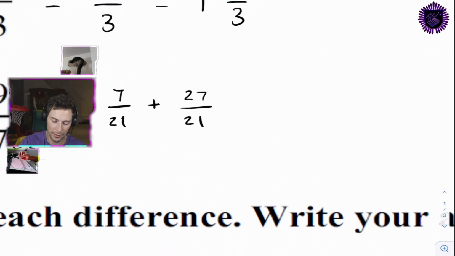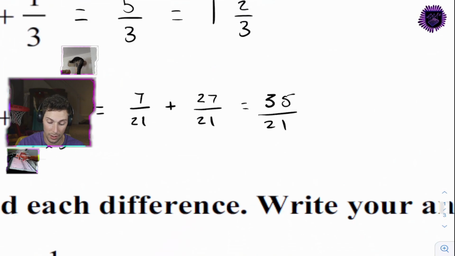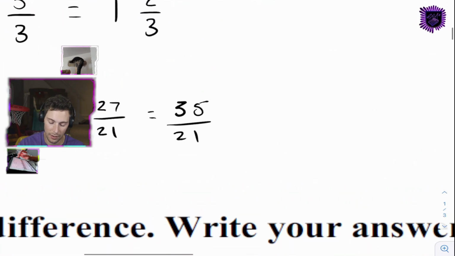Then you're going to add this, and you're going to get 35 over 21, and so there's a common number. So there's two ways you can do this. You can either take out the whole group of 21 first, or you can simplify it first.